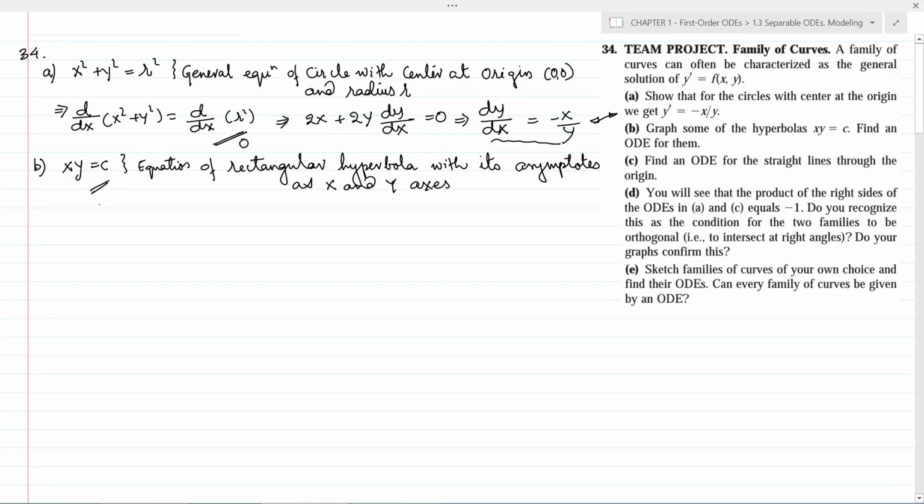The question is asking us to graph some of the hyperbolas. We can take various values of c, such as c equal to 2, 5 and 8 to plot various graphs. Now, from this equation we can write y equal to c by x, and this is the explicit form of the equation.